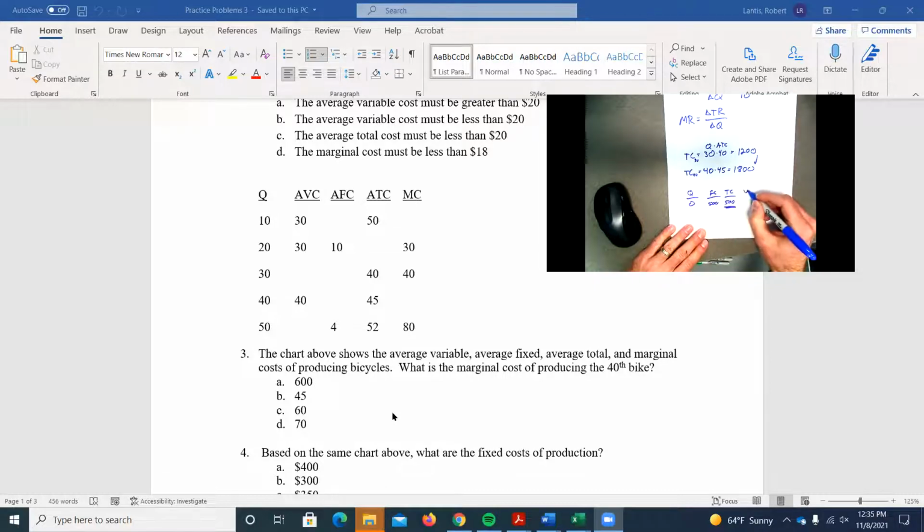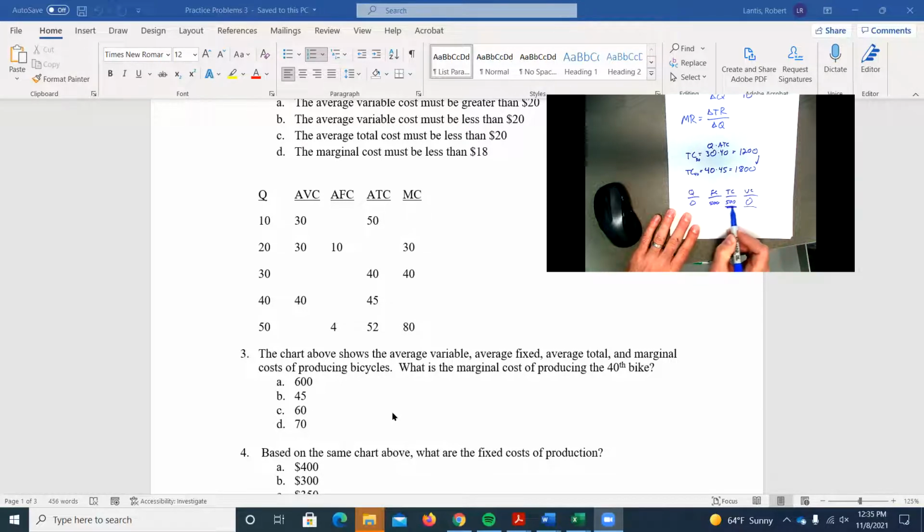Your variable costs, if you're producing nothing, should just be zero. Right? Because variable costs were things that were related to how much I'm producing. So if I'm producing zero, my variable costs have to be zero. And that makes all of my total costs just represent my fixed costs. Okay.